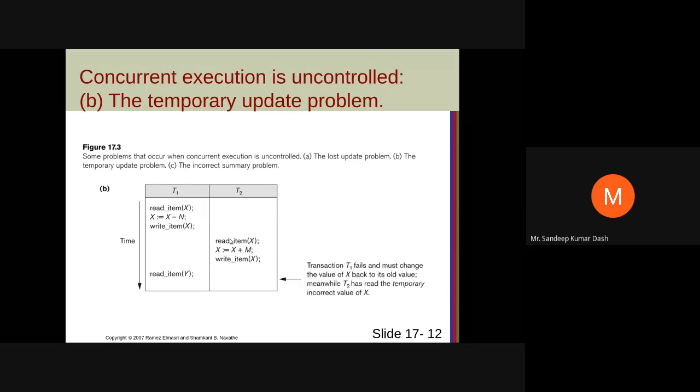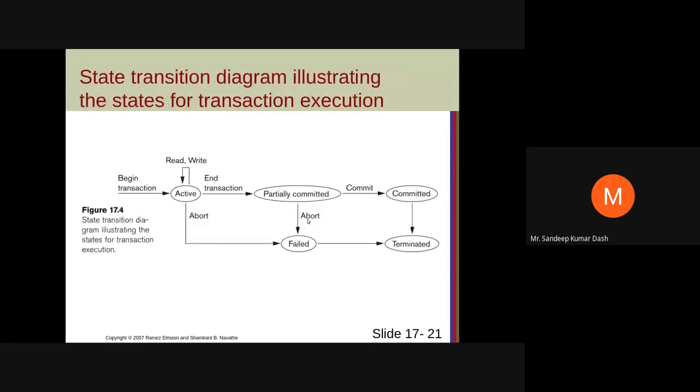This has completed, so it is now in the partially committed state, but because this failed, this also has to be rolled back and aborted. That's why a partially committed transaction can also be aborted and go to the failed state. Here the second one was partially committed but still aborted and came to failed. The first one was still going on, not yet partially committed, and in the middle it aborted and came into the failed state. After failed, it comes to the terminated state.